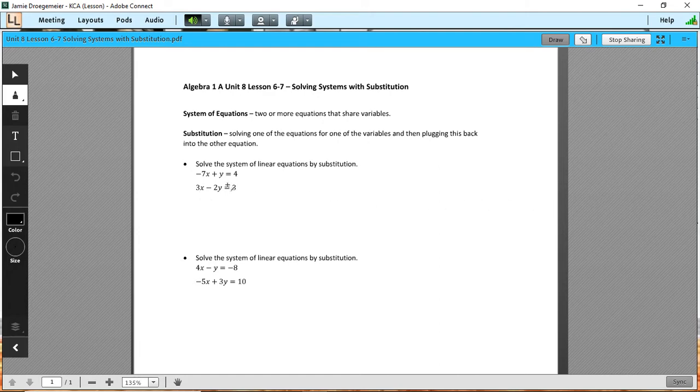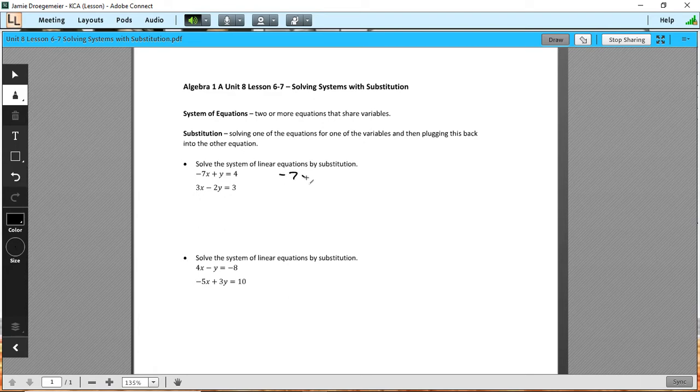In our first one, we want to get one of these equations solved for either x or y. If you notice, in this first equation it would be pretty easy to solve for y. I would just need to move that x term to the other side, so I would add 7x to each side.